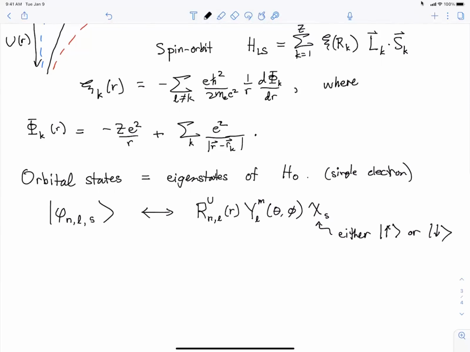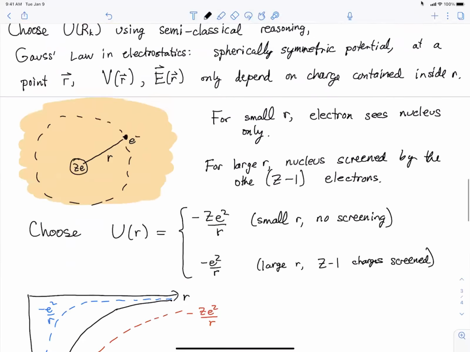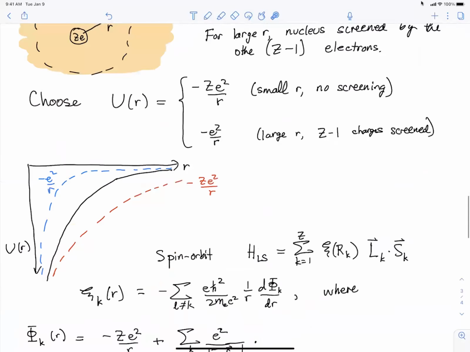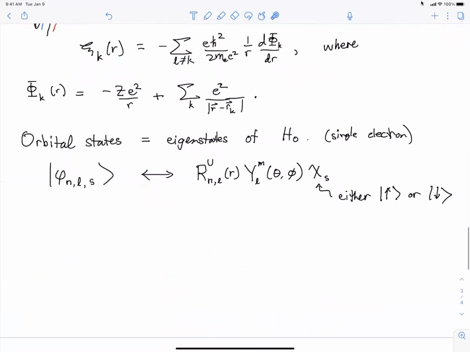Okay, so notice that if we go back up to our H0, our H0 here had only a sum over K. It didn't have a double sum like here. The double sum is where all the trouble comes from. So because this is a single sum over a bunch of identical Hamiltonians, we can just solve these one at a time. Okay, and that's what these orbital states are.